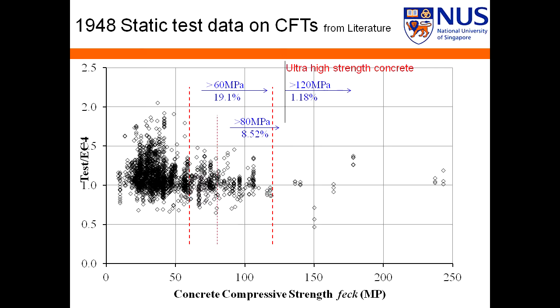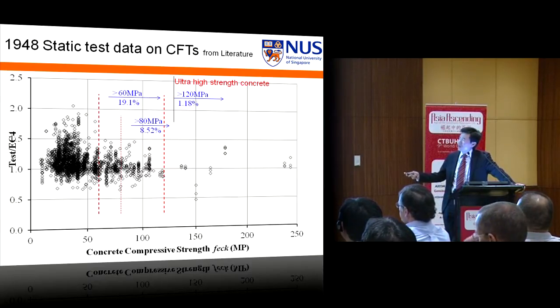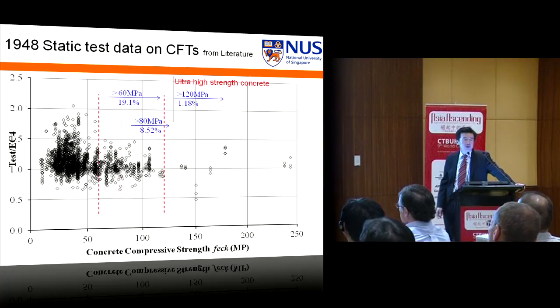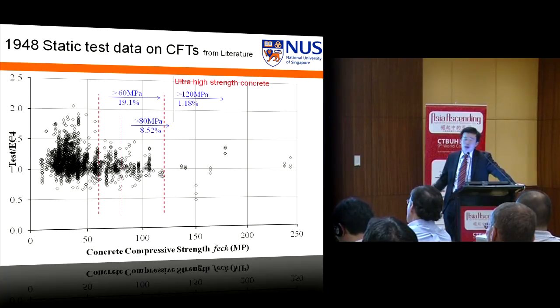So we also surveyed the literature on what work has been done on concrete-filled tubes. There's a large amount of experimentation that has been done on concrete-filled tubes. If I plot the experimental results normalized by the Eurocode predictions against the compressive strength, you can see that a large amount of tests have been conducted over this region, which is the normal strength concrete region. In the high-strength region, about 19%, up to 120 megapascal.